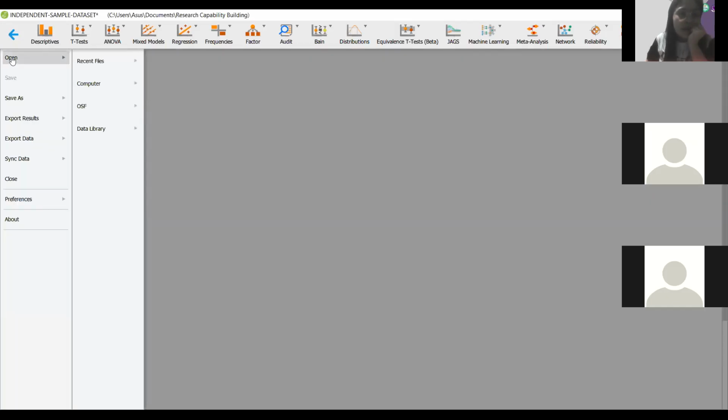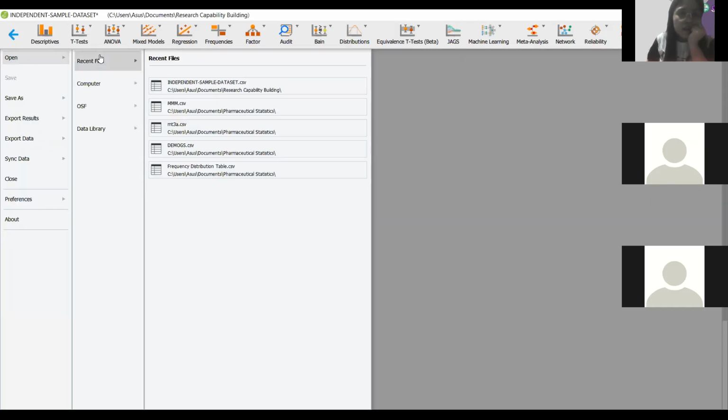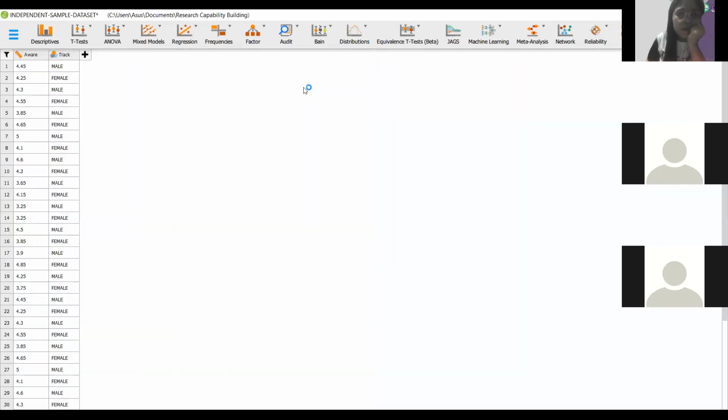Okay, diba? Dito tayo mag-start, open. And then, nilagay ko kasi yon sa research capability building, independent sample data set. Pag i-click mo yan, i-import niya yung data. So, ito na yon. The mean scores for the level of awareness and the track for the sex, male and female. Before you move on with the t-test, class, you have to check first if tama yung type of data.